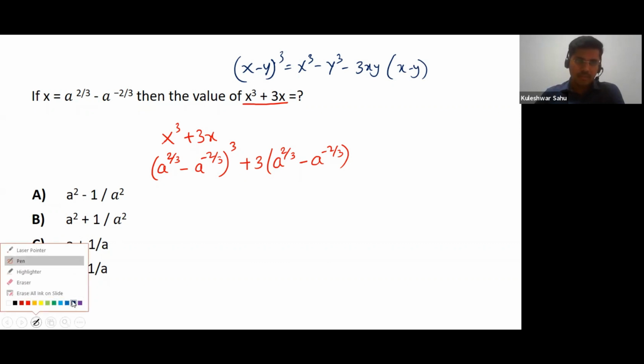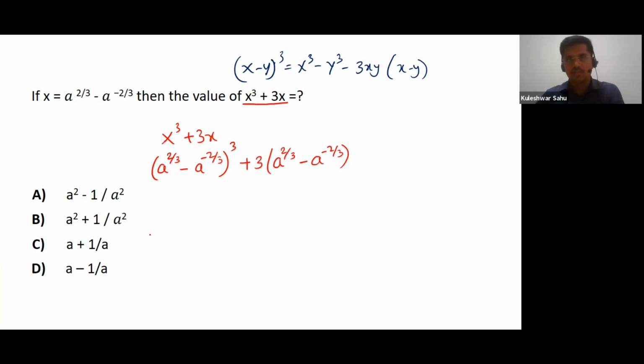x value will be a to the power 2 by 3 and y value will be a to the power minus 2 by 3. So a to the power 2 by 3 whole cube minus a to the power minus 2 by 3 whole cube, okay, so we need to put minus over here.